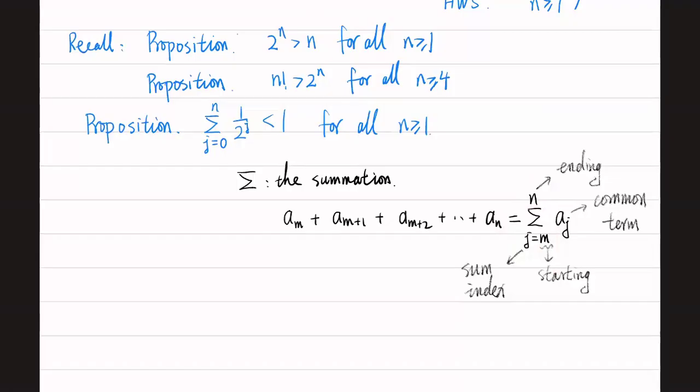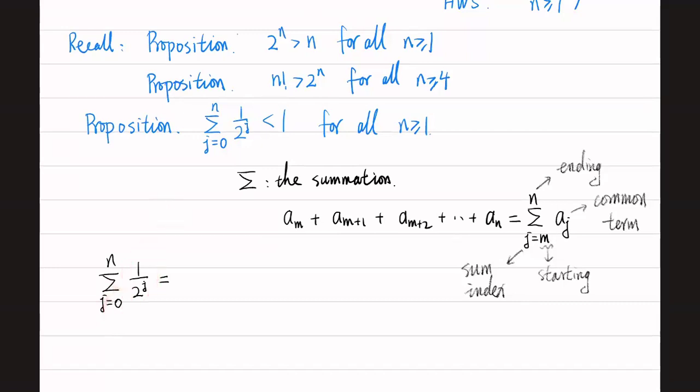Okay, with this, let's write down the first few terms for this summation. Okay, Amy, what's the first term? Where would we start? 0. So when J is 0, what is this number?